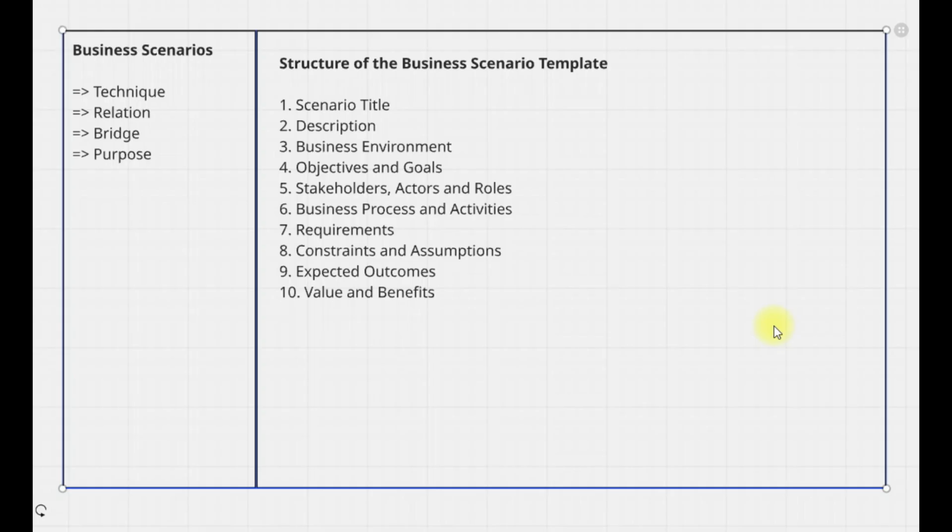So that's the reason a business scenario is a description of a business problem which enables requirements to be viewed in relation to one another in the context of the overall problem. So it is a relation which is viewed with one another, but in the context of an overall business problem.